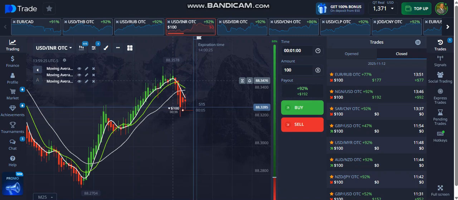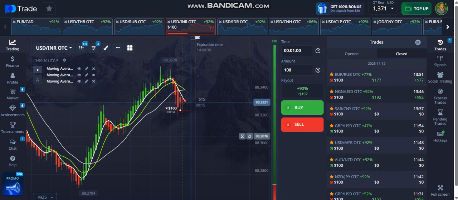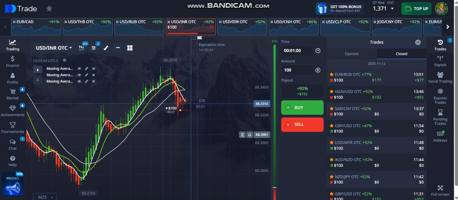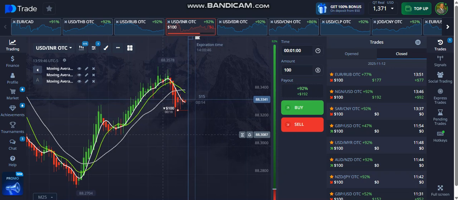As you can see here, the bearish candles have set up in the reversal, and hopefully that'll push the price down further. Okay, looks like we didn't get this trade. It reversed on us last minute.